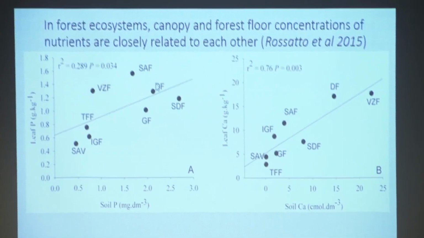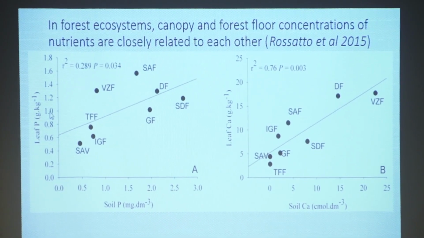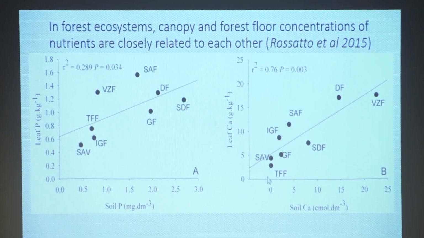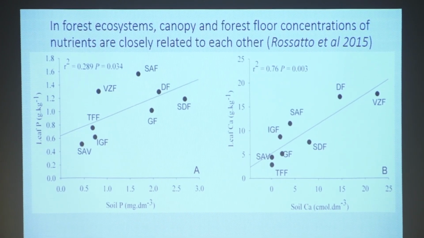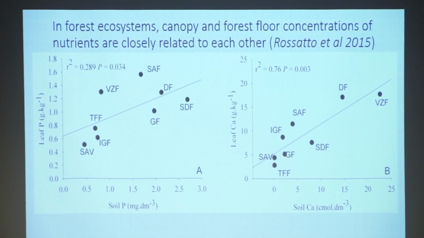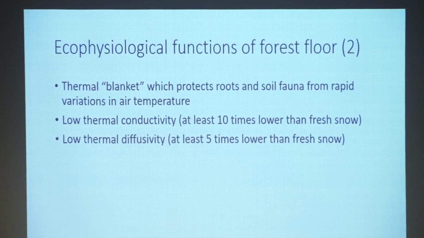This is deciduous forest, this is savanna, and this is leaf concentration of phosphorus, and this is soil concentration of phosphorus. This is leaf concentration of calcium, and this is soil concentration of calcium. So forest floor has a very similar chemical composition. The concentrations of nutrients in forest floor and foliage are correlated.